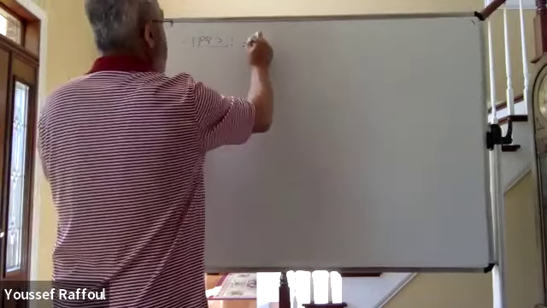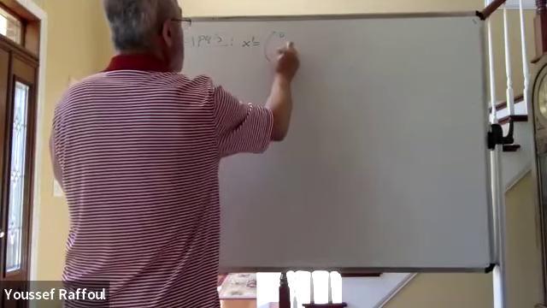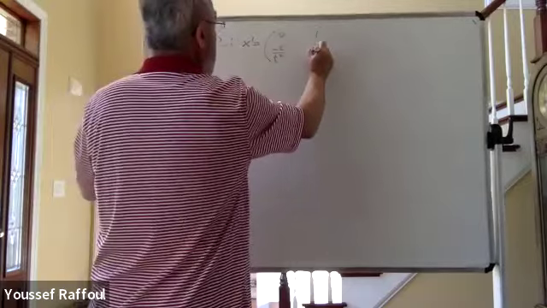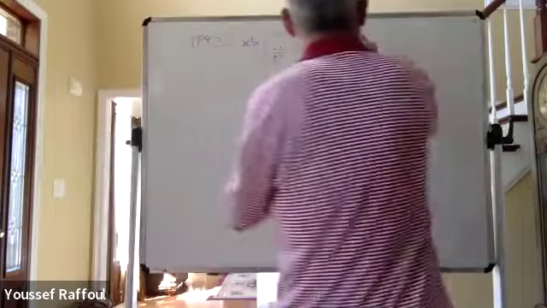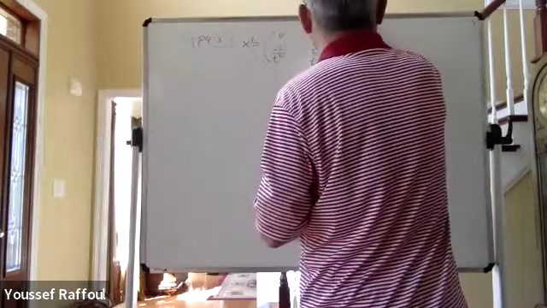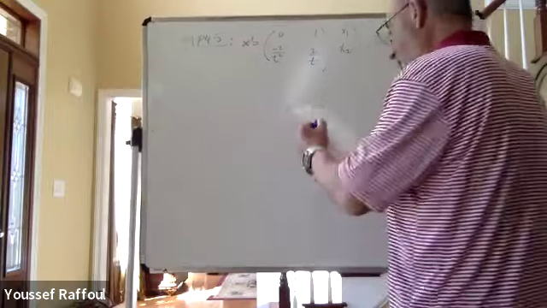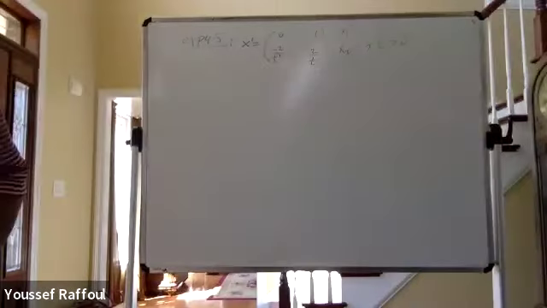So we have x prime equal to the matrix [0, 1; -2 over t squared, 2 over t] times (x1, x2), for t bigger than 0.